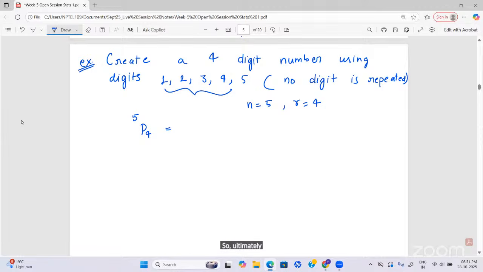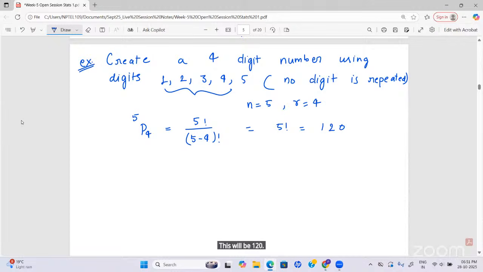So ultimately, you select 4 numbers out of these 5 numbers, and you are creating a password, so you can arrange it also. Arrangement will matter here, yes or no? Yes, ma'am. So it will be 5P4, which is 5 factorial divided by (5 minus 4) factorial, which is 5 factorial. This will be 120.